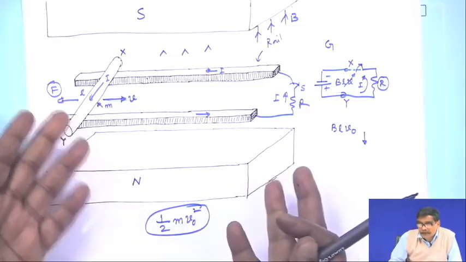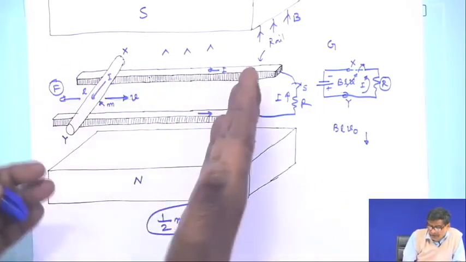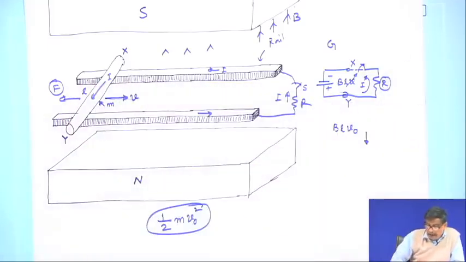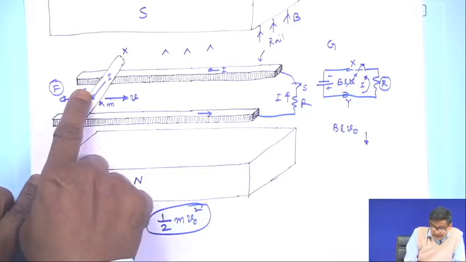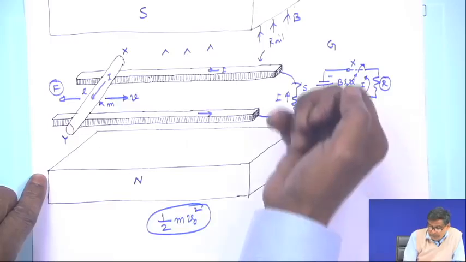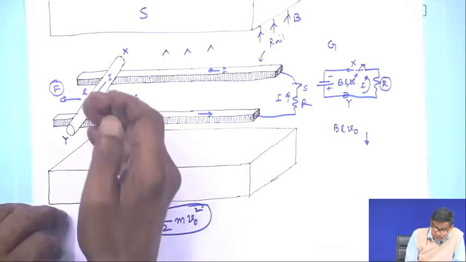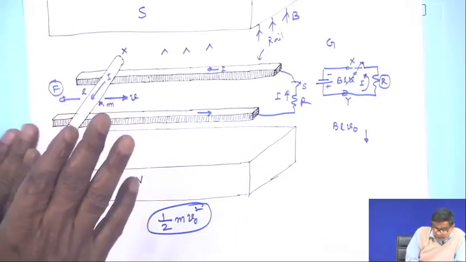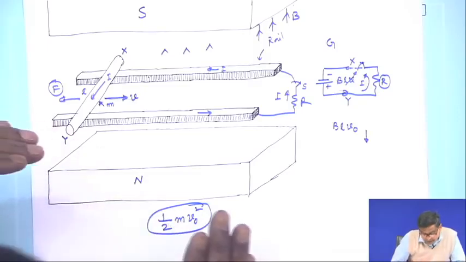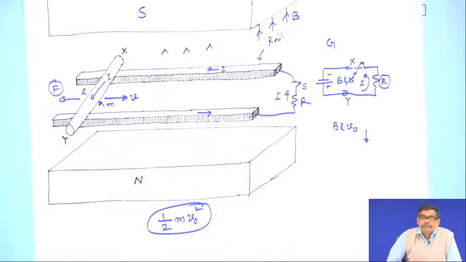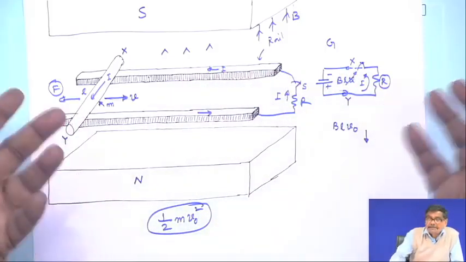But it is not a good arrangement. After all, you can see after some time velocity will become 0. That is why if you want to have a sustained generator operation, what should I do? Someone must be ready here. The moment you want to extract power from the generator, opposing force comes, but somebody else externally must also apply that same opposing force to the right, so that velocity remains same and magnitude of the voltage generated remains same.